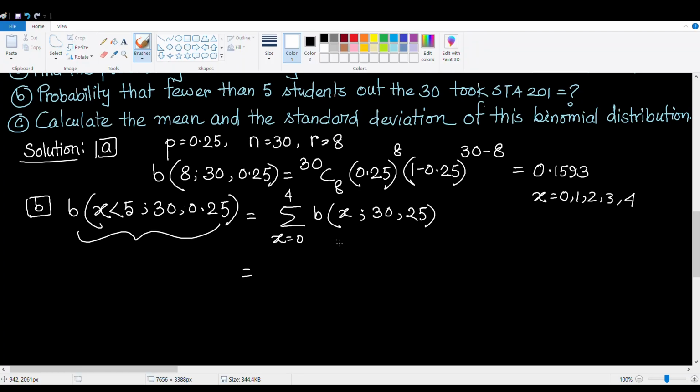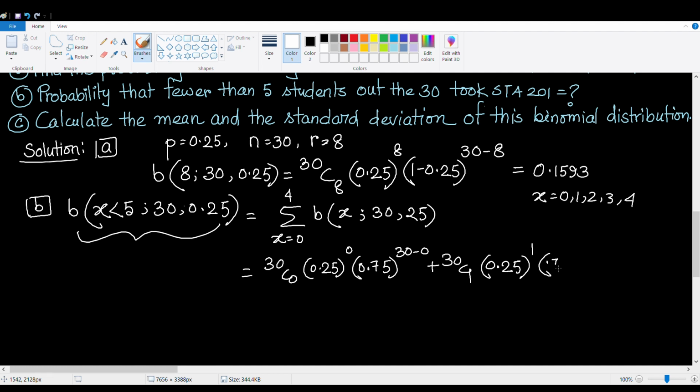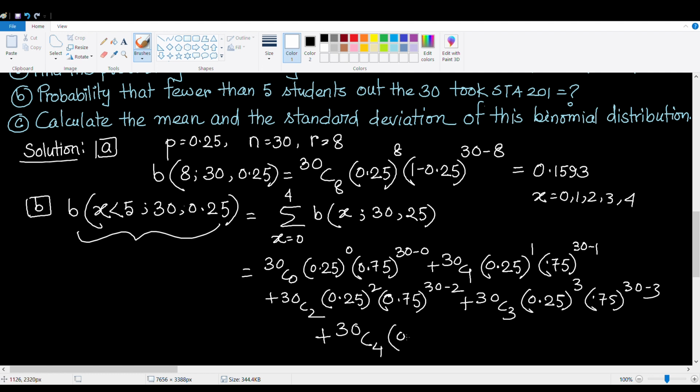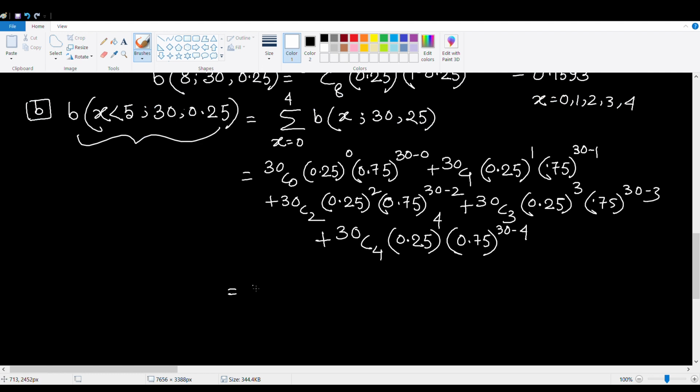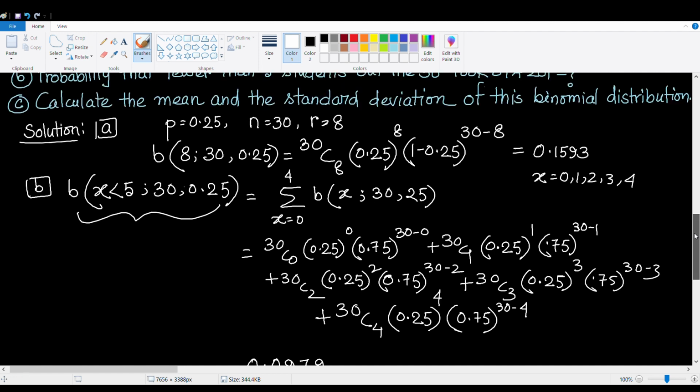Now putting the values of x in the function, we get 0.0979. So this is the probability that the number of students who take STA201 from the 30 is fewer than 5. Let's move on to question number C.